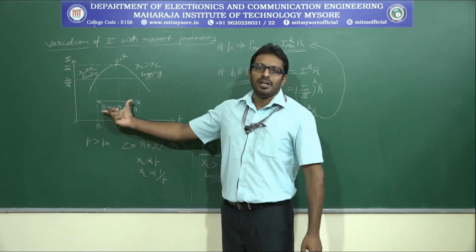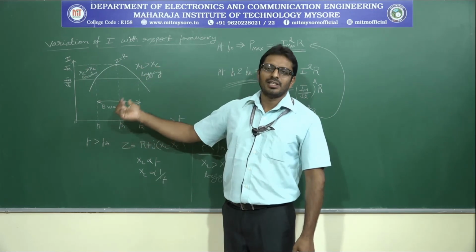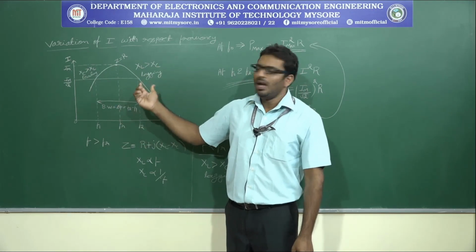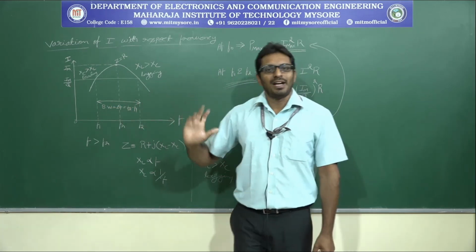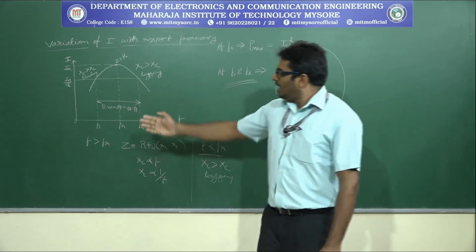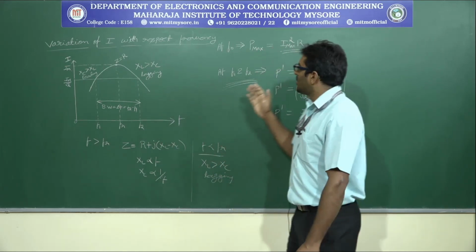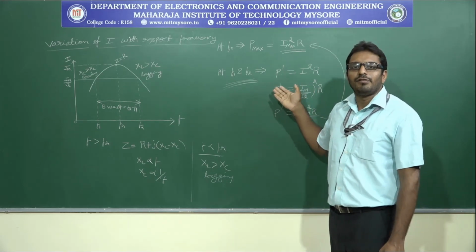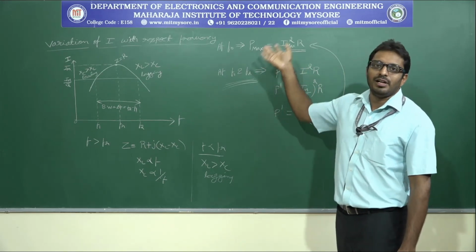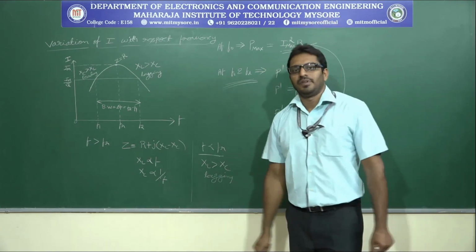The range between the lower cutoff frequency and upper cutoff frequency, or the algebraic difference between them, is known as bandwidth. So F1 and F2 are also known as half power frequencies because the power delivered to the circuit at F1 and F2 is half of the power delivered at the resonant frequency. Thank you.